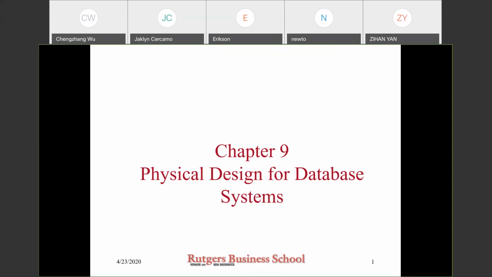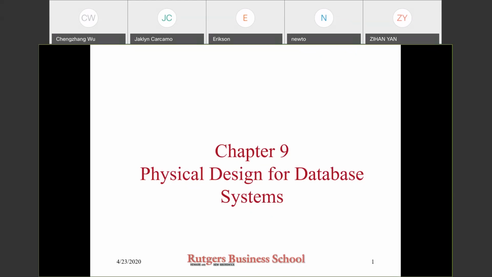So today, we are going to focus on the physical design. We will first see how the logical data and process models are converted to physical models. Well, what is physical model? Actually, you can simply think that physical model or physical design is tables.